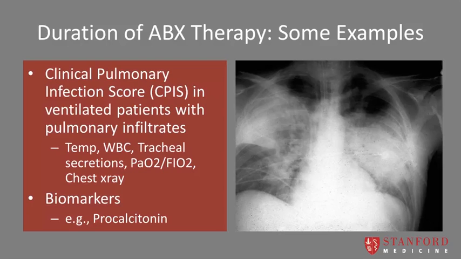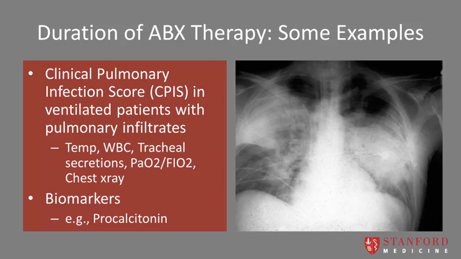The duration of therapy can depend on a number of factors. Sometimes clinical scoring or biomarkers can be useful. So, for instance, the clinical pulmonary infection score is commonly utilized in ventilated patients with pulmonary infiltrates to decide whether the pulmonary infiltrates are actually caused by infection or any of the multiple other causes that can produce chest x-ray abnormalities in the critical care patient.